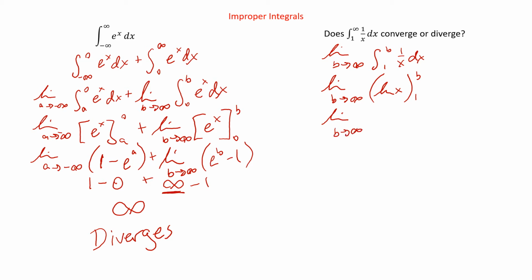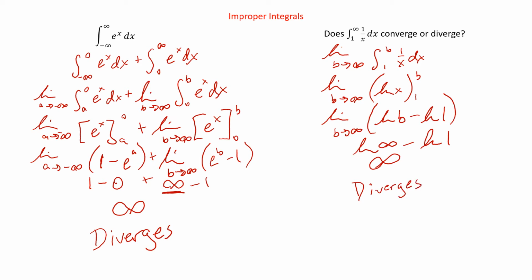As it goes to infinity, we will plug in b, so we have natural log b minus natural log 1, and natural log of infinity minus natural log 1. The infinity is infinite, so this also diverges. It comes out to be infinite. That means it's going to diverge.